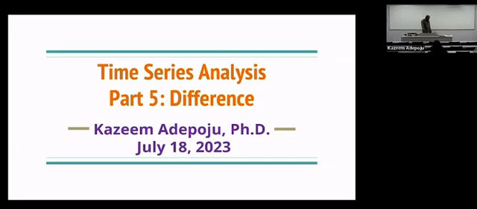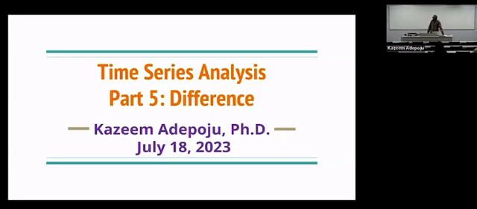It's just like in regression analysis, when somebody asks why we need to transform our model. Of course, we normally embark on transformation of a model if there's a violation of assumption. So in time series analysis, we normally consider differencing if there's a violation of the stationarity assumption.